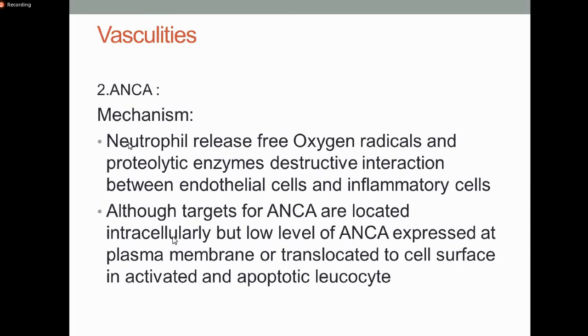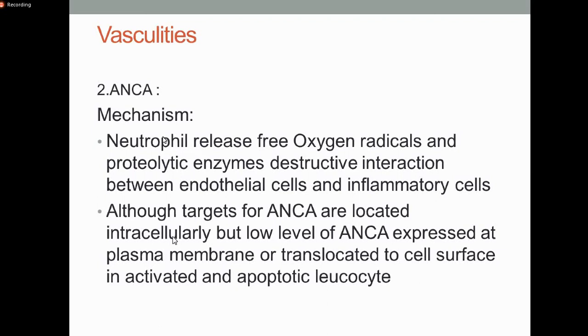What happens in ANCA vasculitis? Neutrophils release free oxygen radicals, and proteolytic enzymes are also released, which cause destructive interaction between endothelial cells and inflammatory cells. Although targets for ANCA are located intracellularly, low levels of ANCA are expressed at the plasma membrane or translocated to the surface in activated and apoptotic leukocytes.